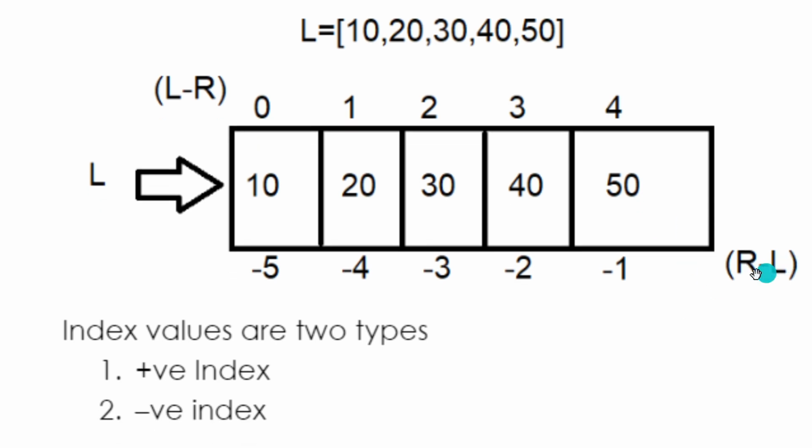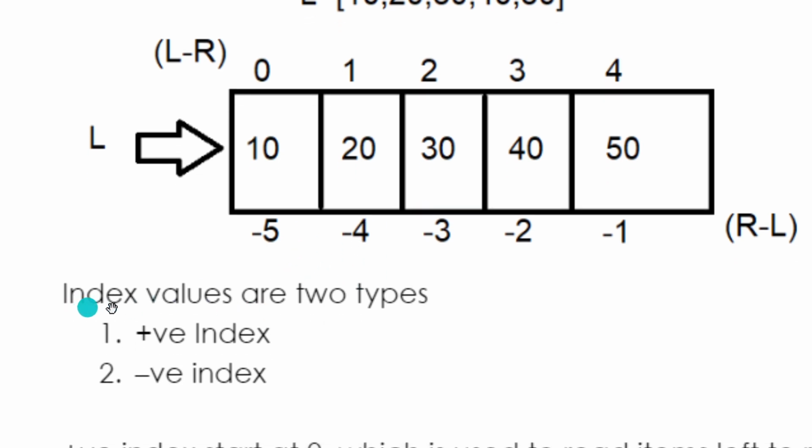When you go right to left, it does not start with 0, it starts with -1, and then -2, -3, -4, and -5.